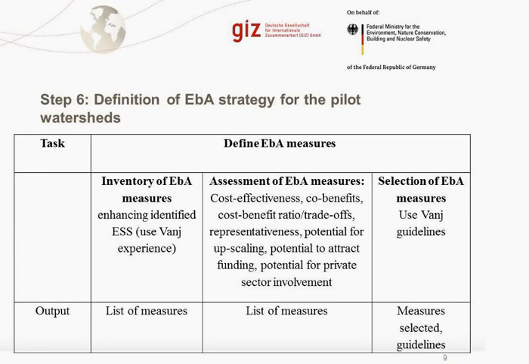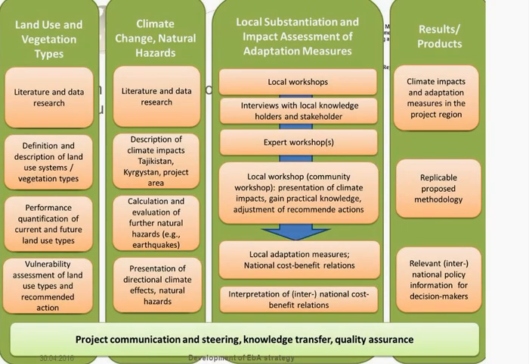If you see the third column from the left, here we have the criteria we are using to assess EBA measures. But this is not so much a topic for now. This was just to show you what we mean by this framework and how we try to operationalize it.